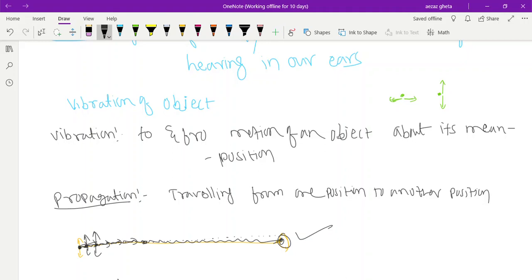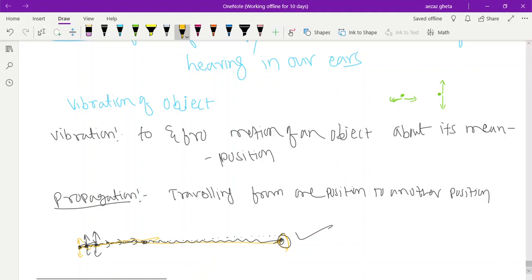The vibrations reach our ears not by the movement of particles, but by the transfer of vibrations. The disturbance is traveling through a medium, not the particle. Remember, the vibrations are traveling, the particles are not traveling. Is it clear, everybody?